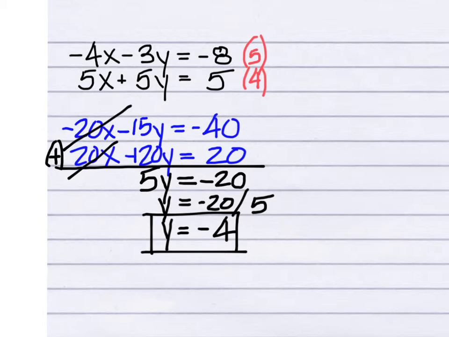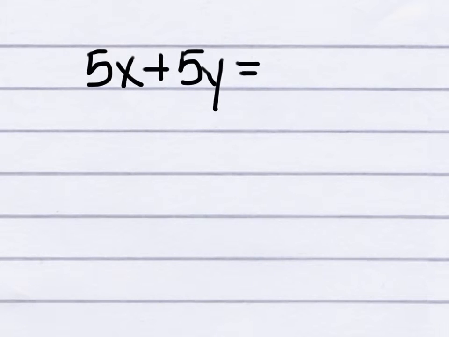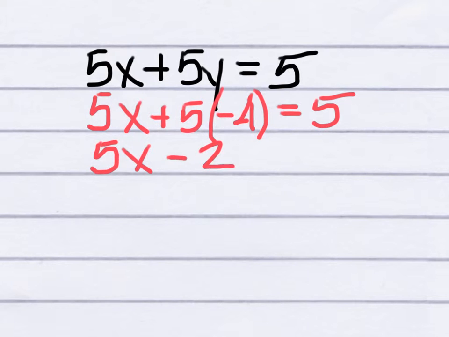You can plug that -4 back into any of the first two equations. I'll use the bottom one. So we'll come over here and do 5x plus 5y equals 5. If y is -4, plug in -4. So 5x minus 20 equals 5.